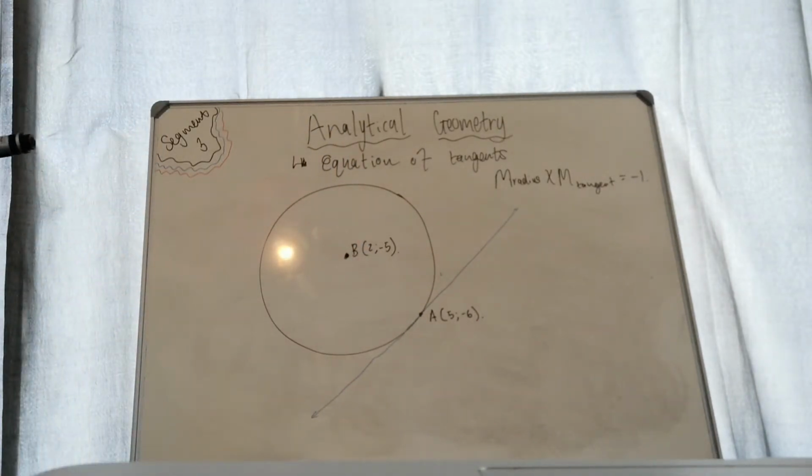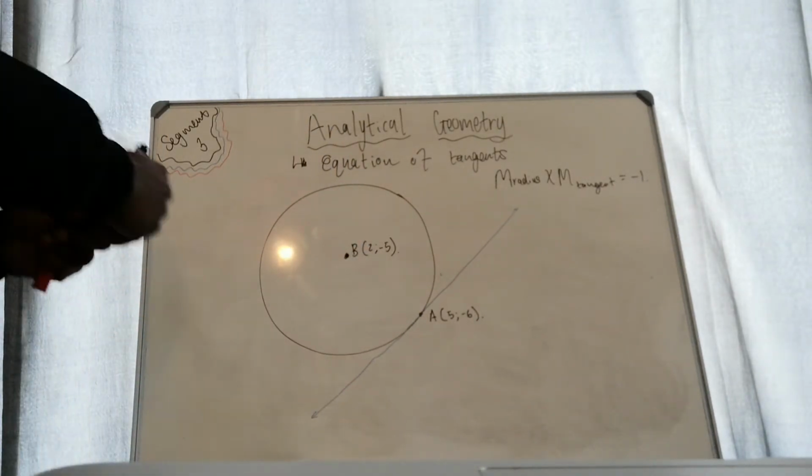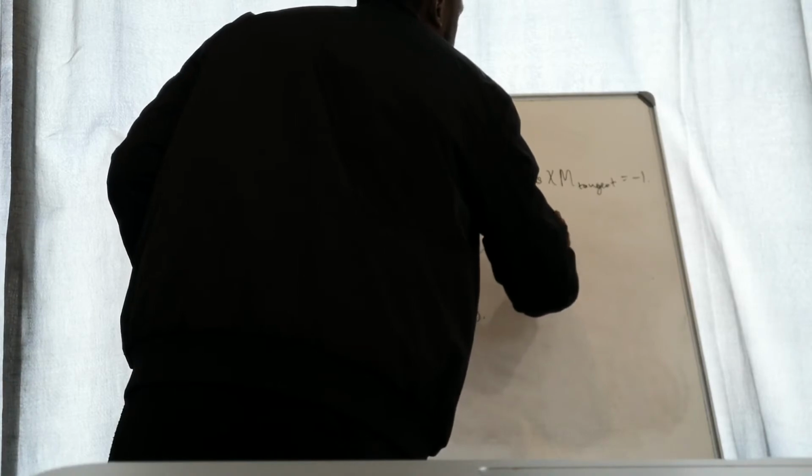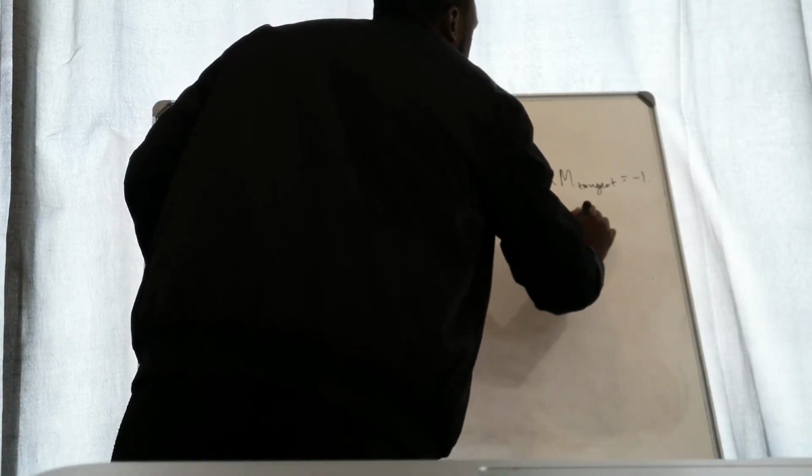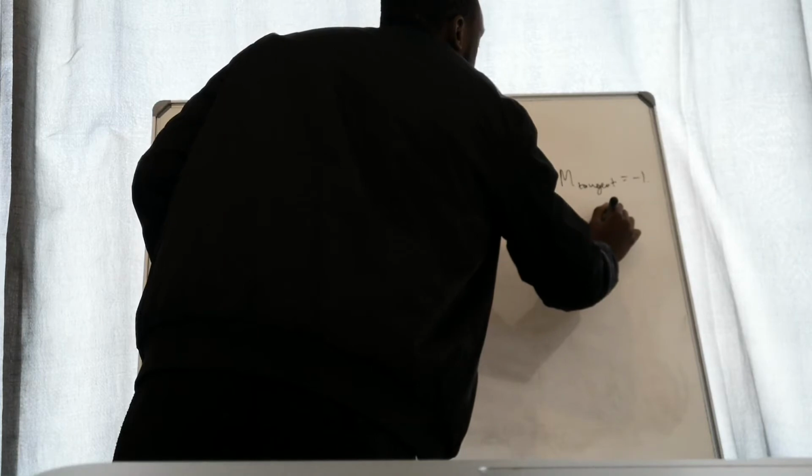Right? You're told there's a tangent that goes past A. And the question asks you, find the equation of the tangent.